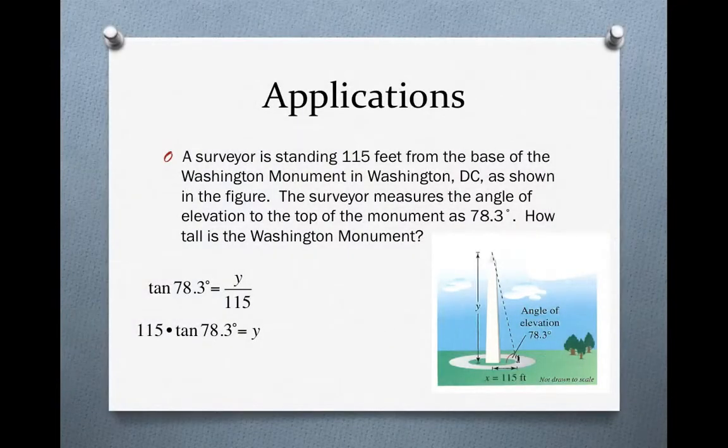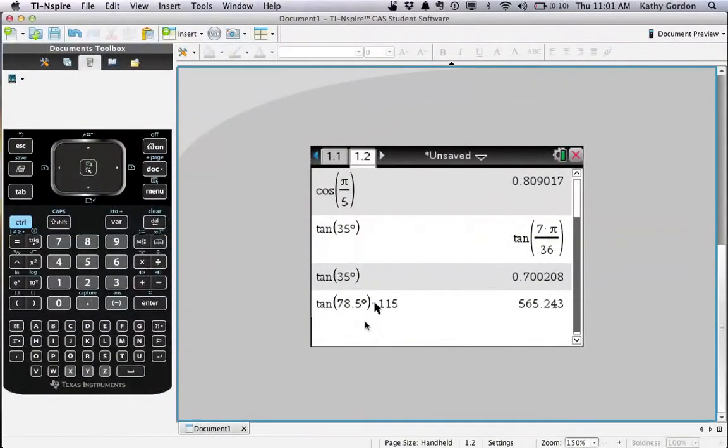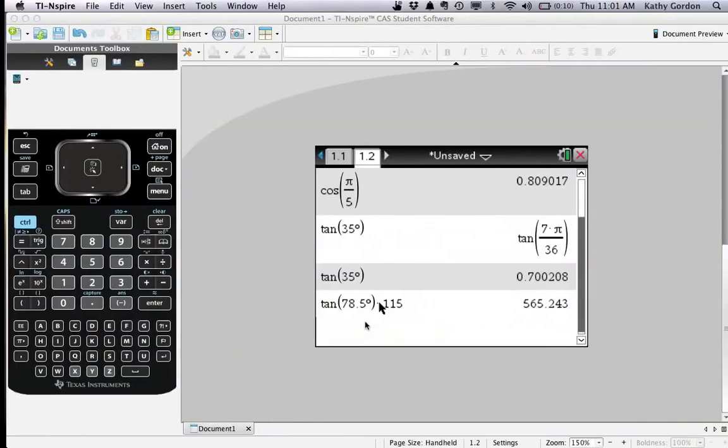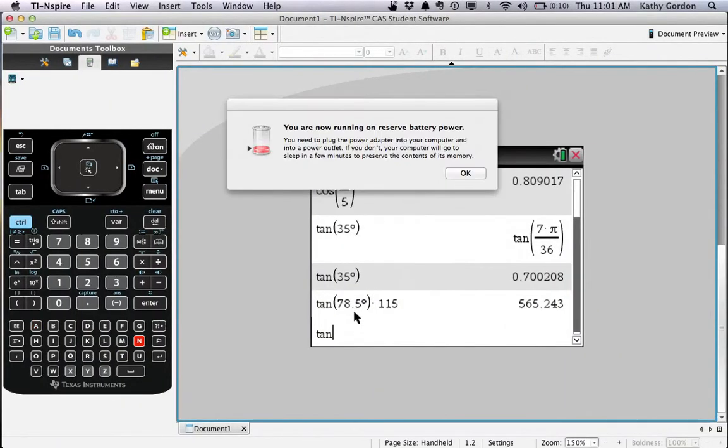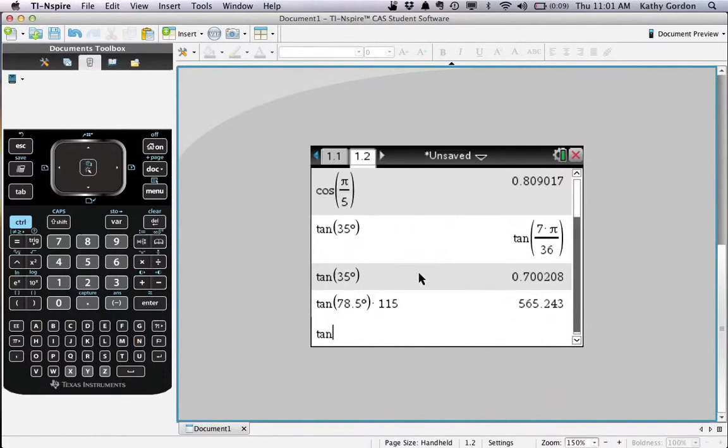So if we come back here, whoops, did I mess up something? Tangent of 78.3, 115. Yep, I think I just... oh, 78.3. Maybe that's the issue. Let's try that again. This time I'm just going to type it just to show you what happens. So I'm typing, and then I have to put my own parentheses in.